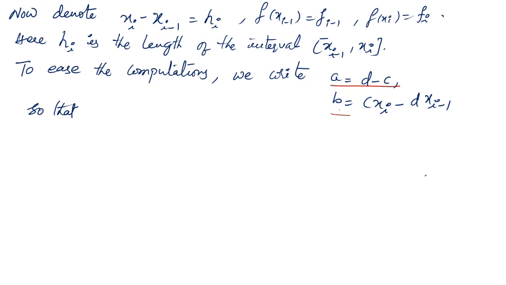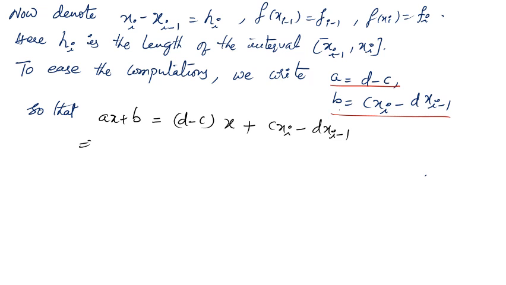So this ax plus b becomes: in place of a, write d minus c, times x, plus b, c x_i minus d x_{i-1}. Let us take c common, you will get (x_i - x). If I take d common, this is (x - x_{i-1}).